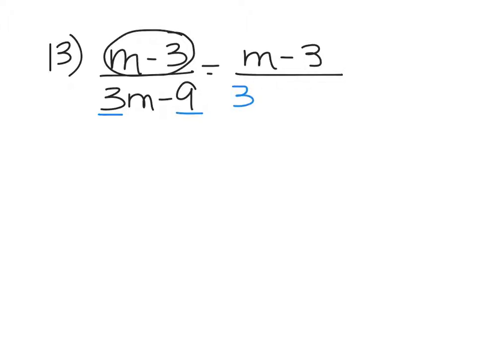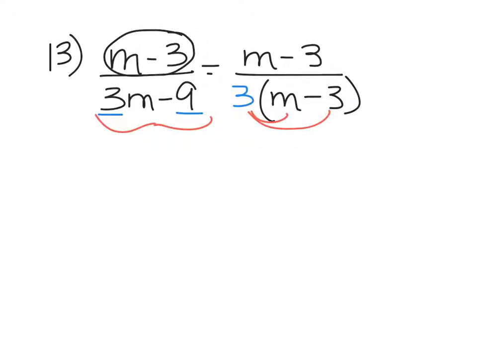So 3, pull that out. 3 times m would give me 3m, and 3 times 3 would give me that negative 9. Always double check that this gives you this. And I believe it does.